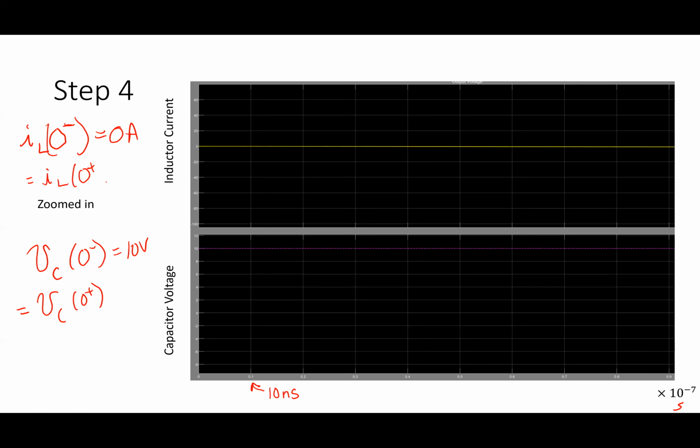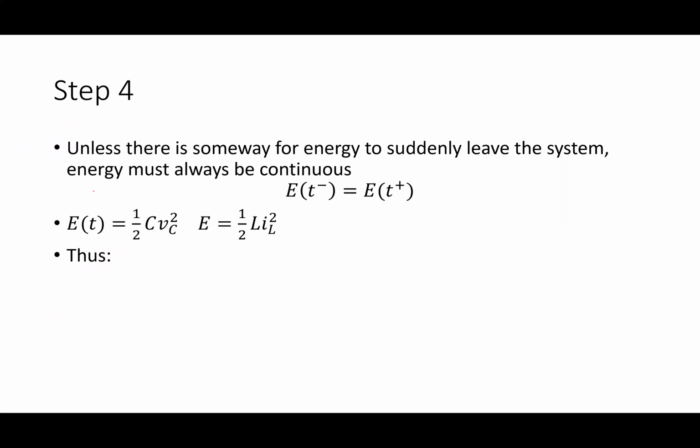And that's important. Summarizing this, and I talked about this a little bit on the very first day, unless there's some way for energy to suddenly leave a system, energy has to always be continuous.